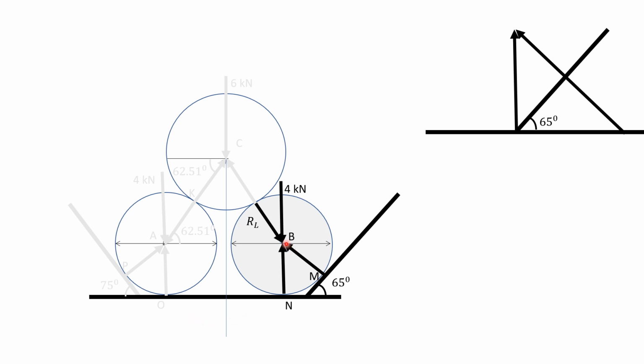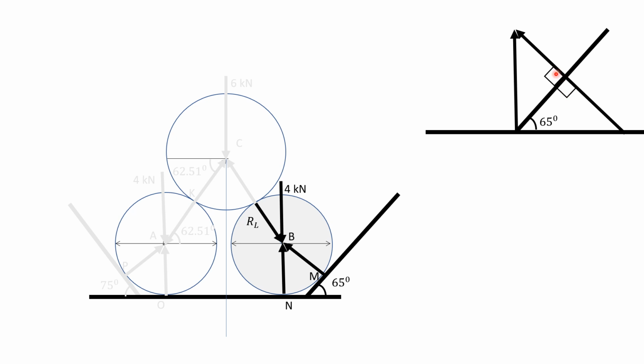Now consider this sphere. We know this angle, and we want these angles. This angle is 65 degrees. This angle is perpendicular.